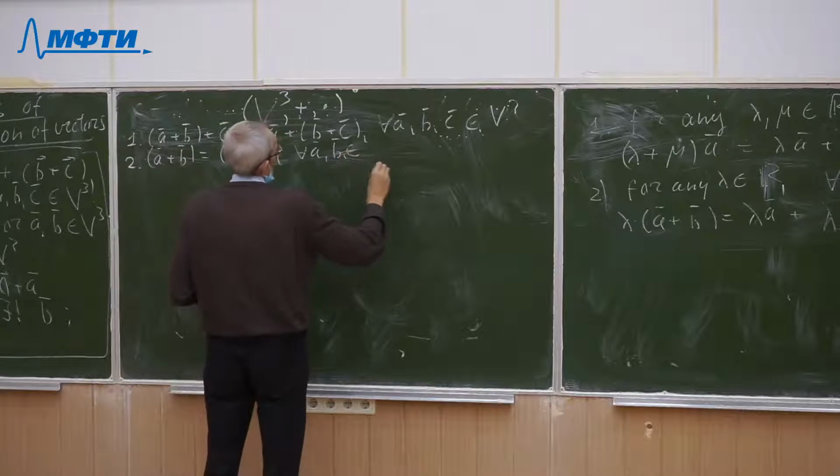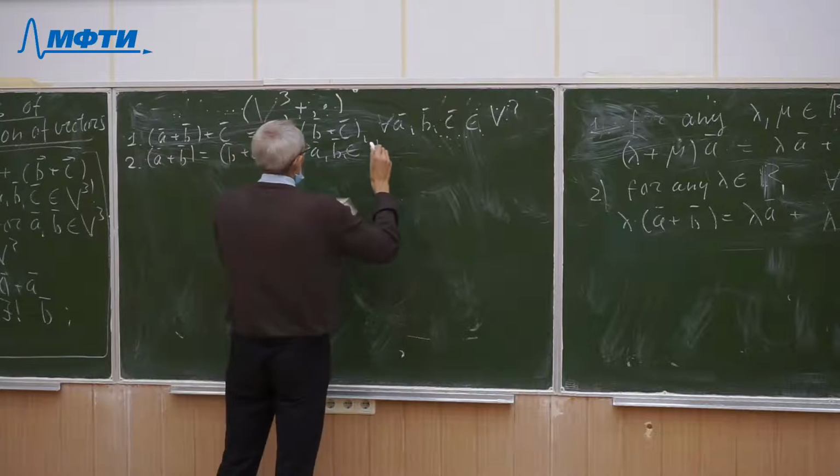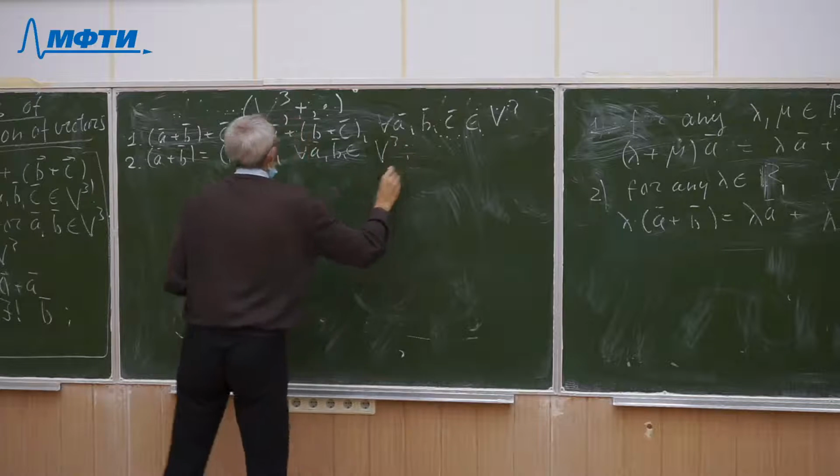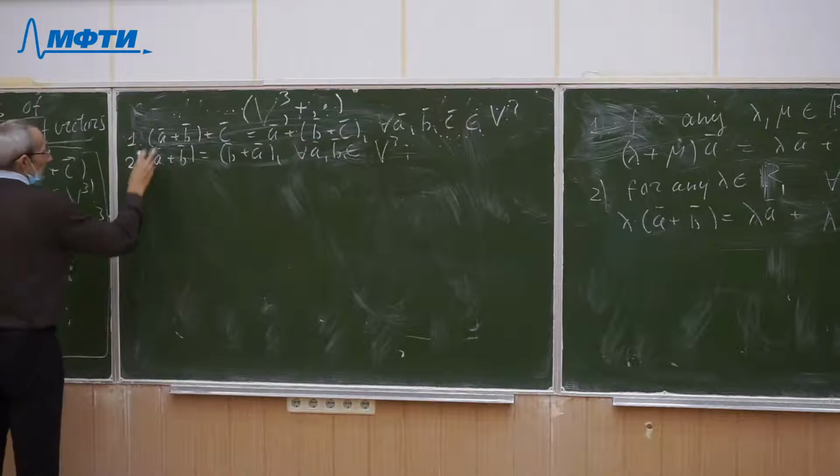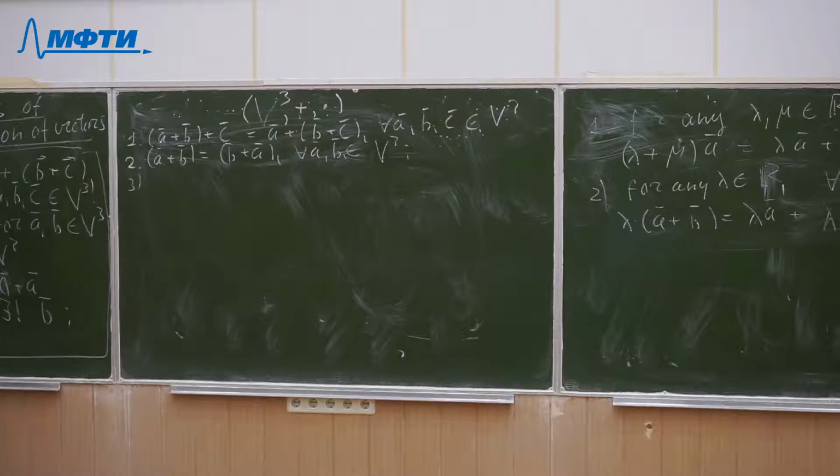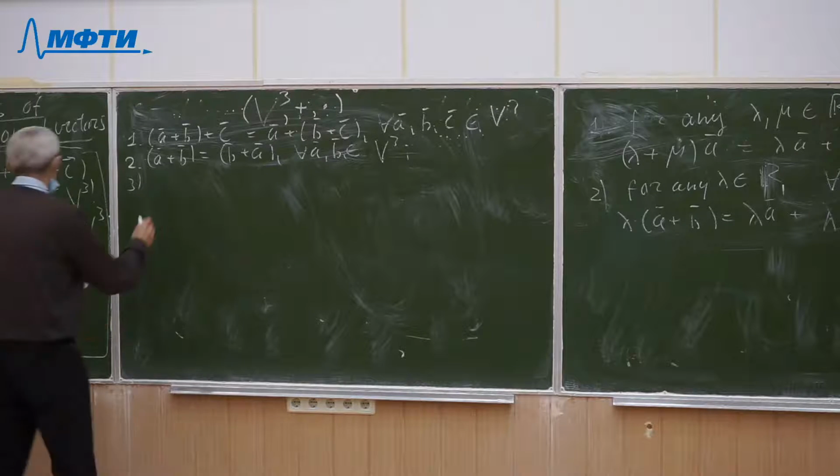Associativity property, commutativity property of addition. The first four properties are the properties of the addition operation.